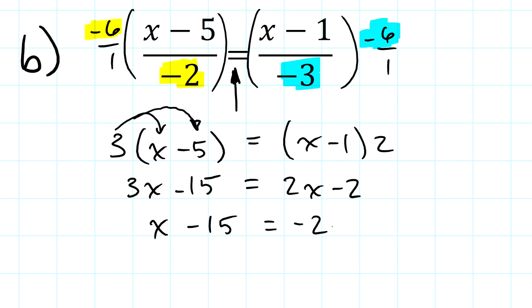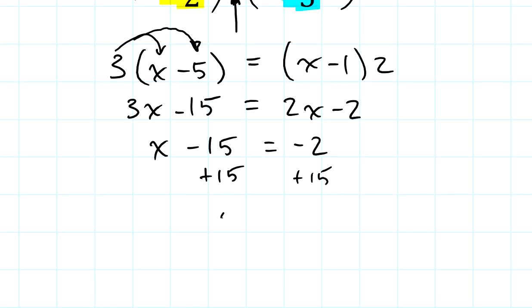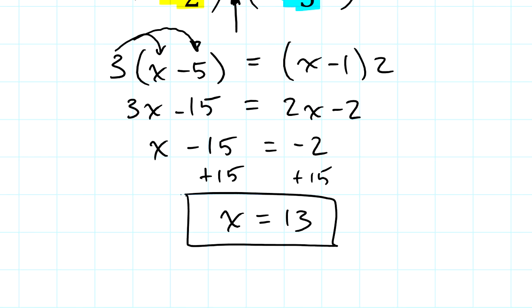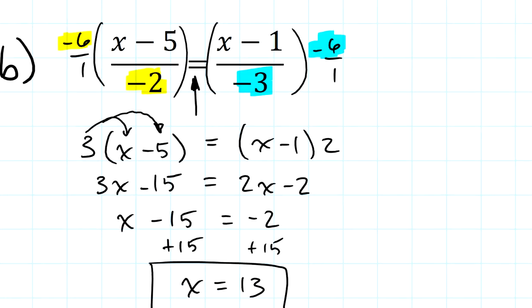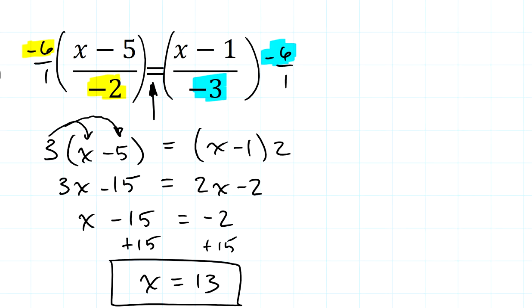Then if I add 15 to both sides, I end up getting that x is the number 13. So this I can check, to see if this is correct, because it says if possible, check your solution and then graph it on a number line. So I'm going to check if this is true.